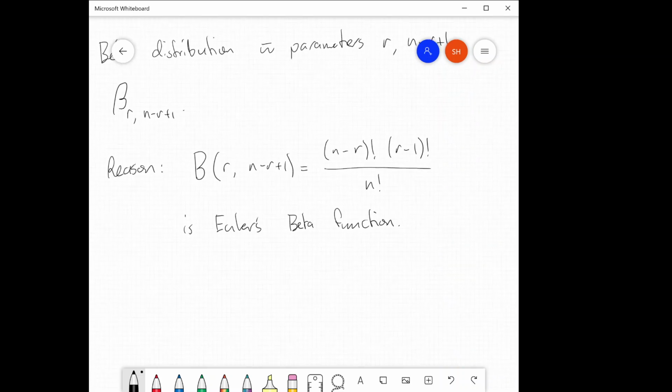And like what we had for the gamma distribution, we're going to depart from what we were actually trying to model and allow these to be arbitrary real numbers.